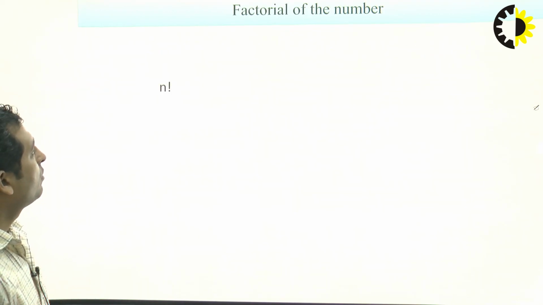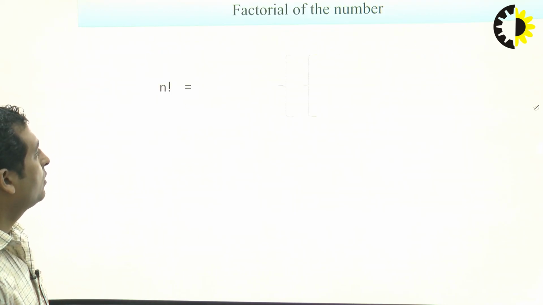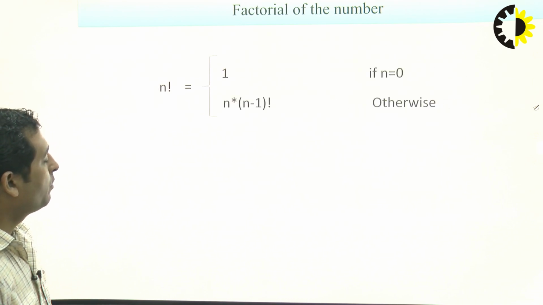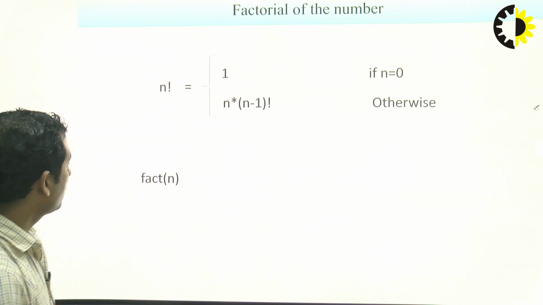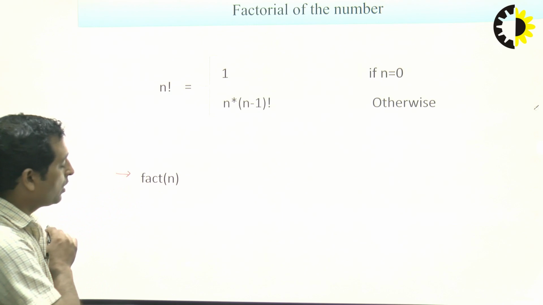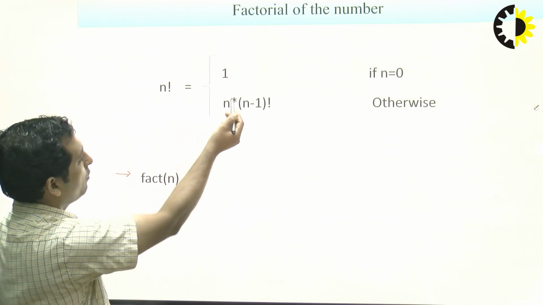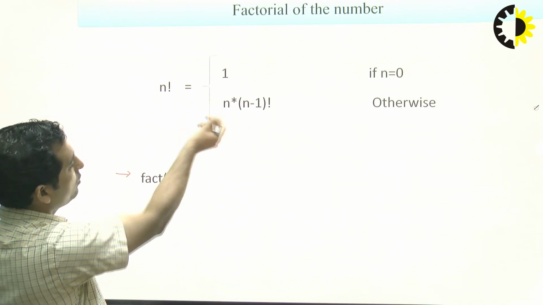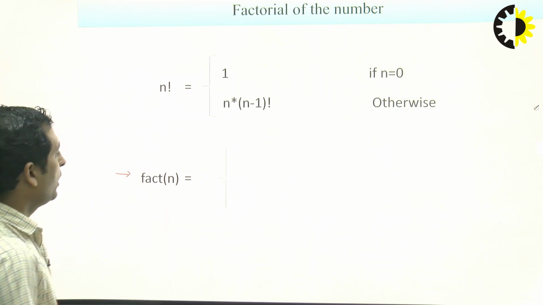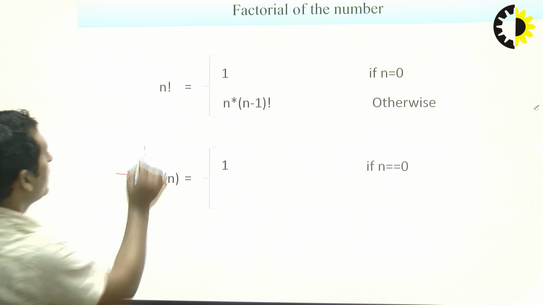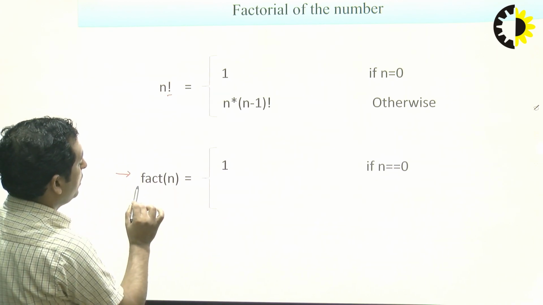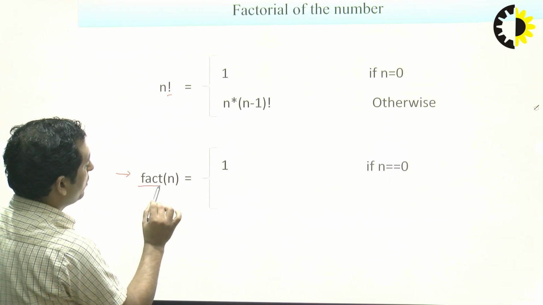Now, factorial of n, this is the definition in mathematics. With the help of a function in C programming, how do we convert this into a function? In mathematics we use the symbol, but in programming we need the name of the function.